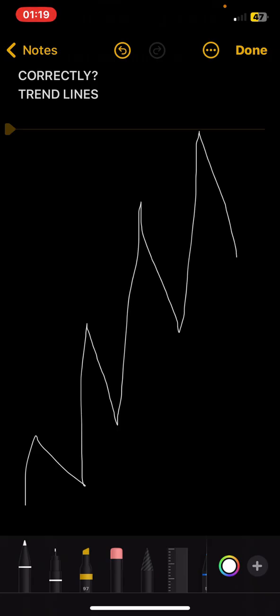Now, if you observe this chart very well, you see that at some point they all meet, which is at this point, this point, this point, and this point. Below it, they met at this point, this point, and this point.